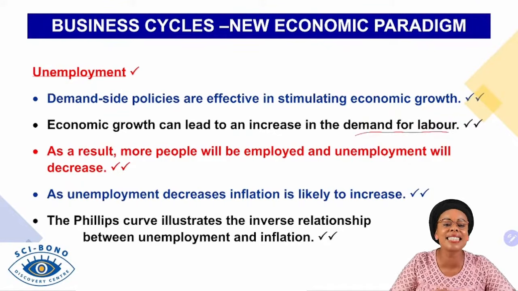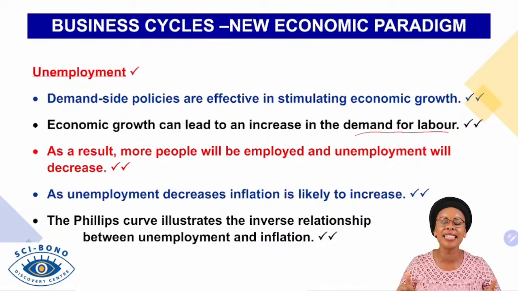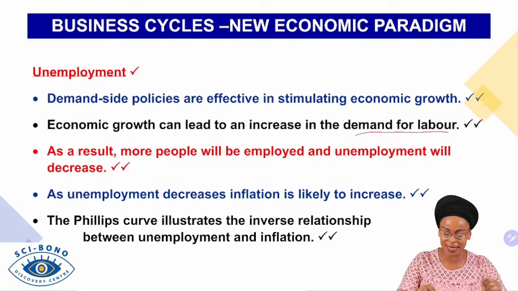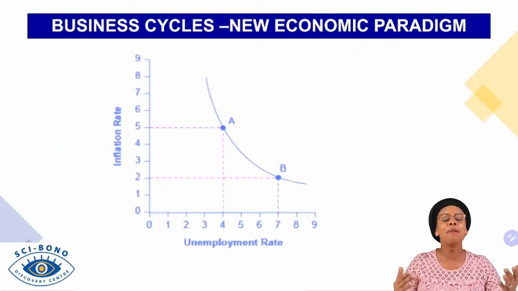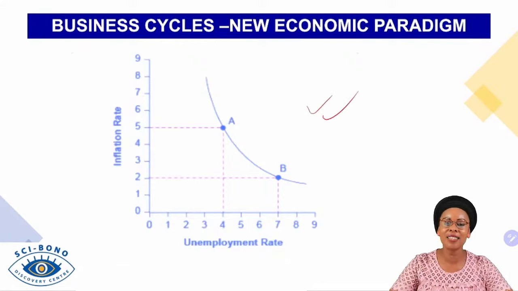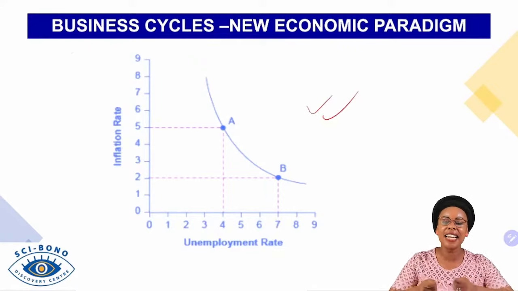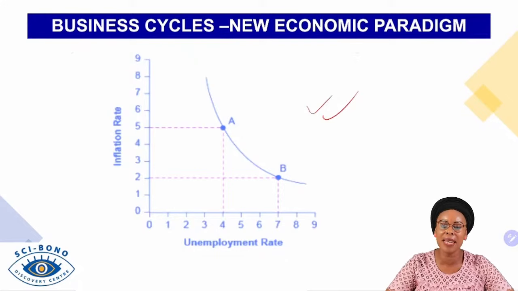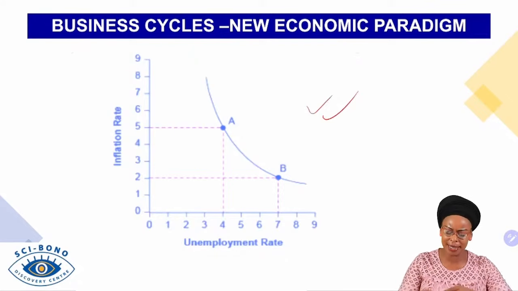And this is illustrated where? In the Phillips curve. By describing what a Phillips curve is, you get another 2 marks. By drawing the graph correctly, another 2 marks, showing us the inverse relationship between unemployment and inflation, 2 marks.